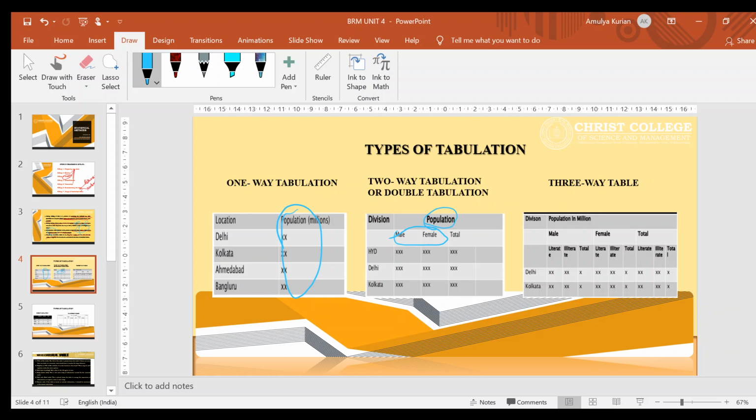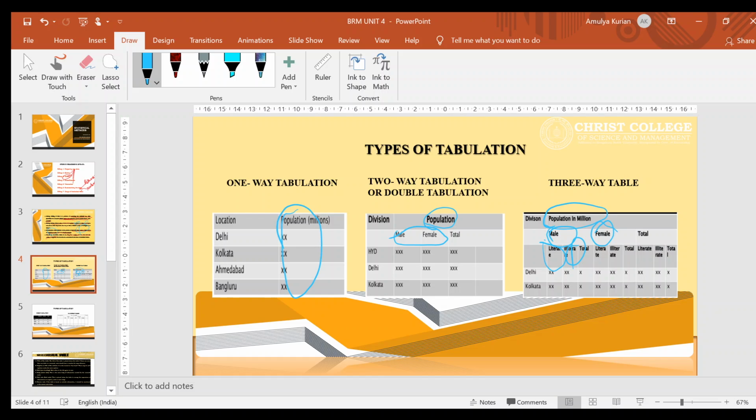So here we are taking two characteristics to be represented in your table. So that is called two-way tabulation or double tabulation. In three-way, we will be taking three characteristics. Here if you have seen, there is population, gender as well as education, that is literate or illiterate. In such cases, it is called a three-way table.